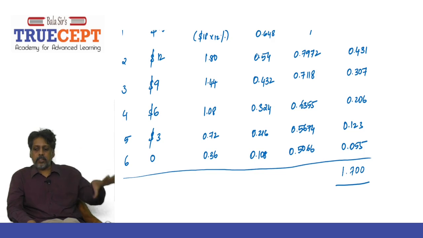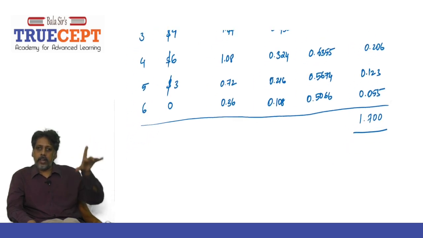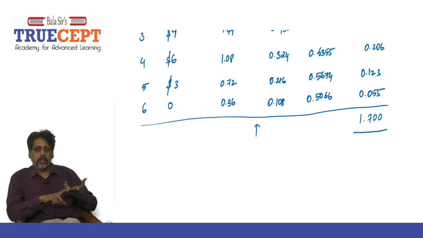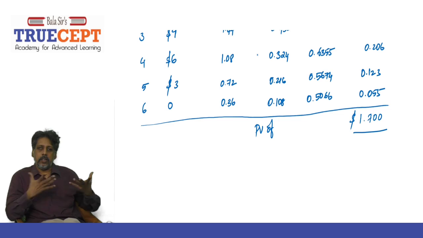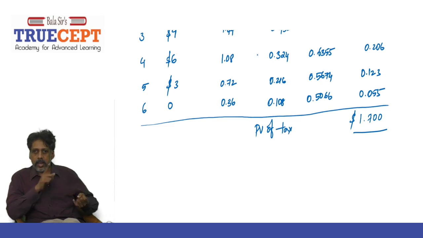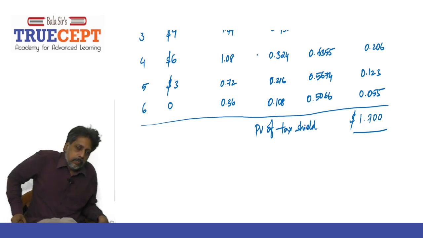The present value of the tax savings on debt interest, on the loan interest. How much? 1.7 lakh. Nothing but 1,70,000 is the total amount of tax benefit on debt interest. Make it as a positive financing side effect. Is that clear? Okay, sir.